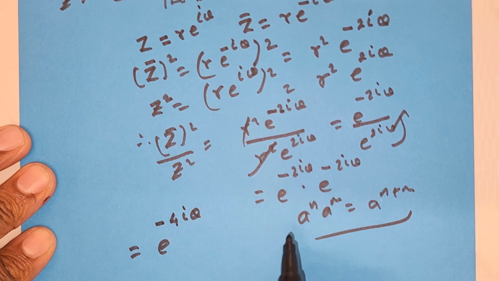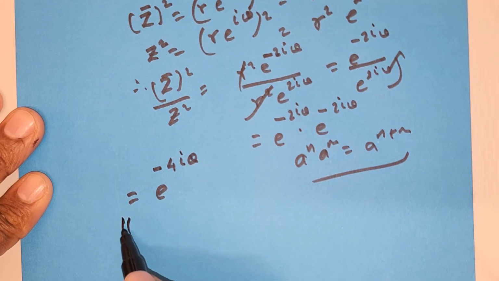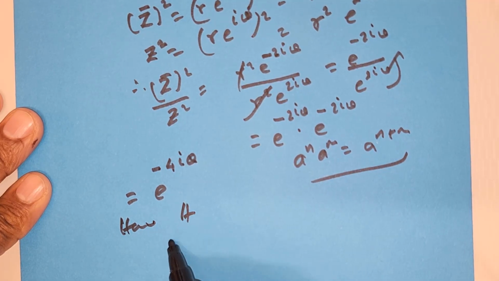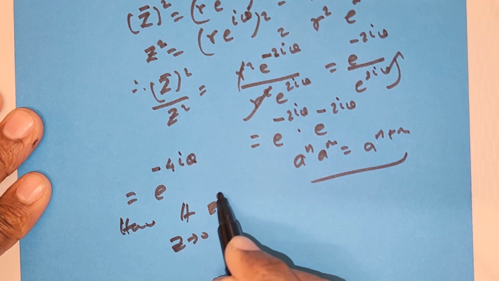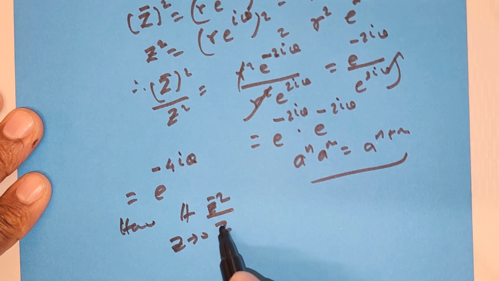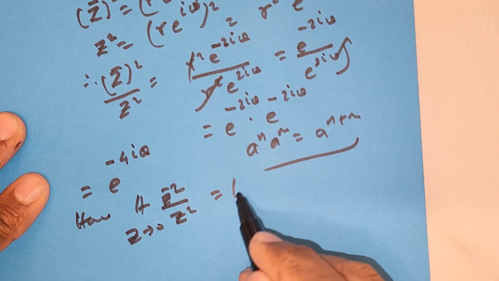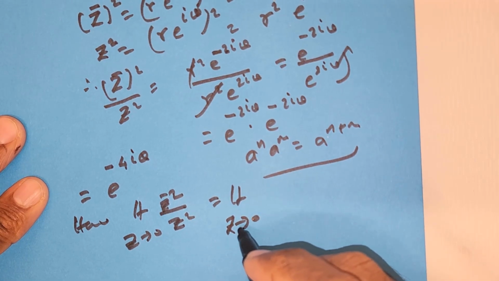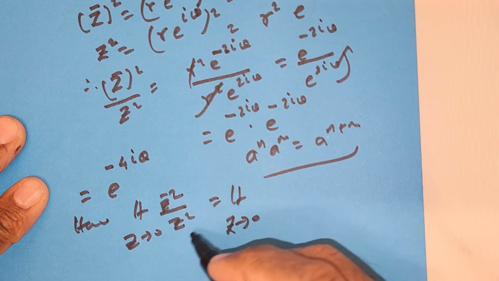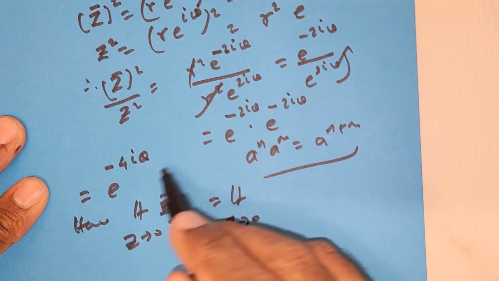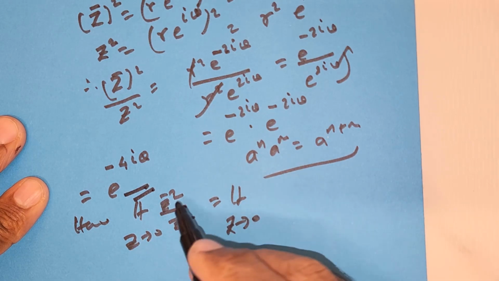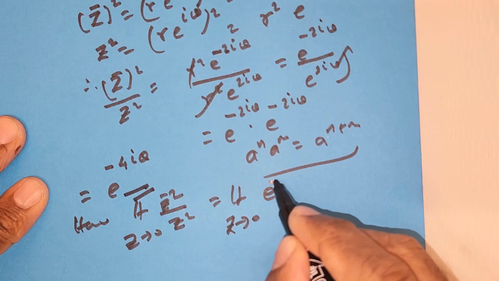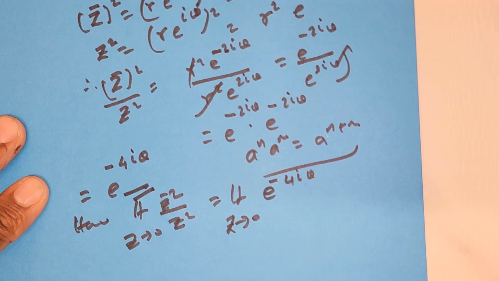You can add these two exponents. So hence we are asked to find the limit as z tends to 0 of z bar squared over z squared, and this quantity has been found to be e raised to the power of negative 4 times i theta.